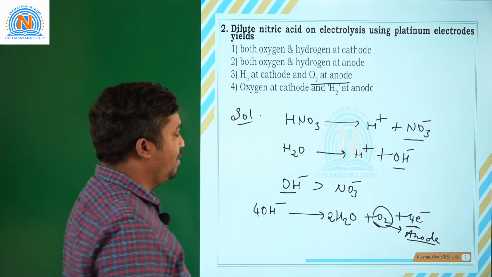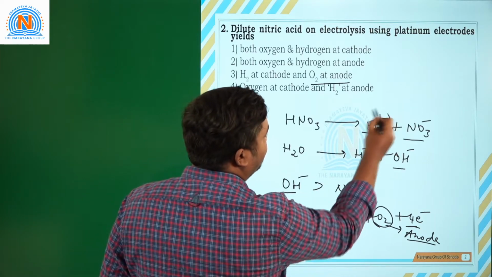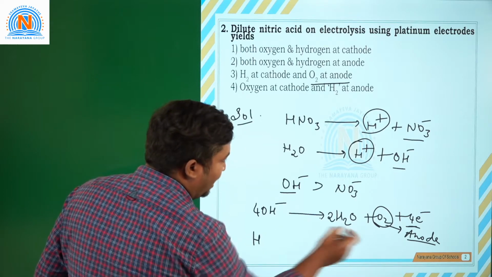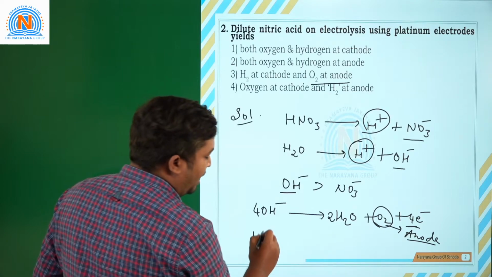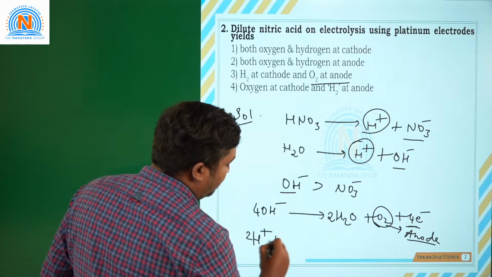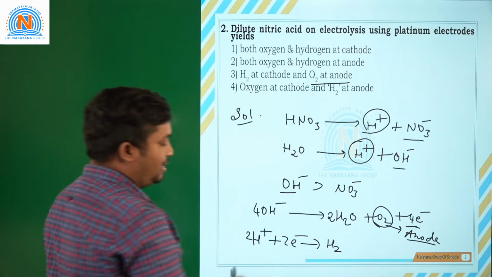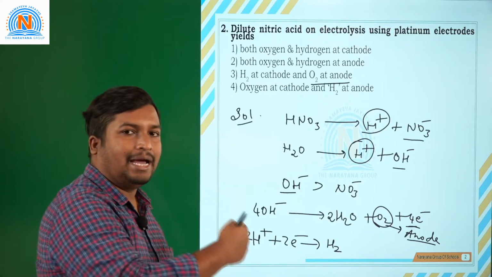Let us verify what happens near the cathode also. In the cathode, in the first reaction H plus is liberated, second reaction also H plus is liberated. So the electrons given by the process which is taking place at the anode, H plus plus 2 electrons gives rise to H2. So means hydrogen H plus ions are taking the electrons given by the anode.